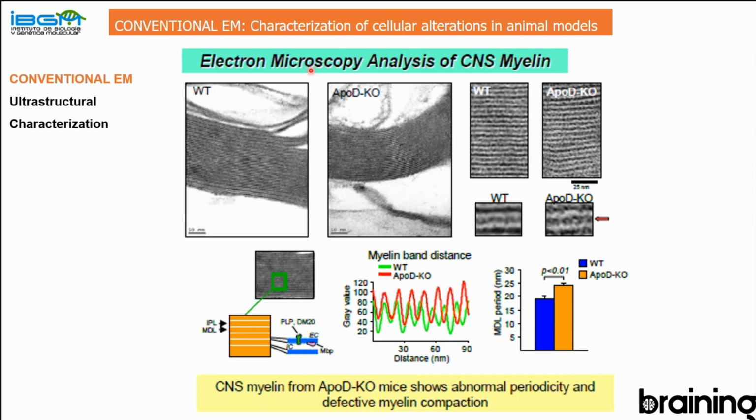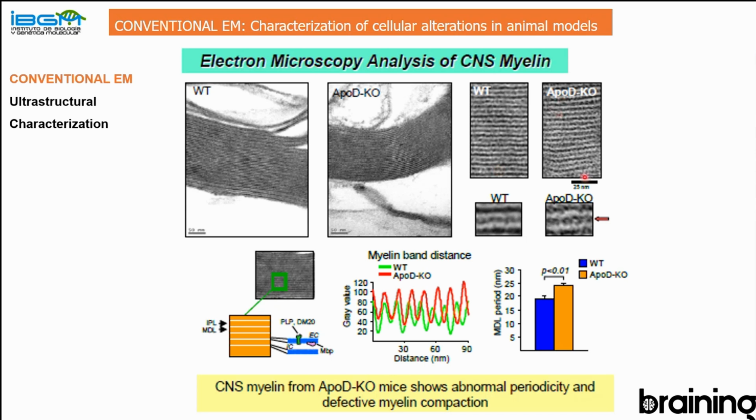This is also another example of cellular alterations in an animal model. It was an animal without ApoD, and we were looking at defects in the myelin content. This is a very good model, also, a good way of measuring things at the EM level, because the myelin has a very periodic, line-like structure.